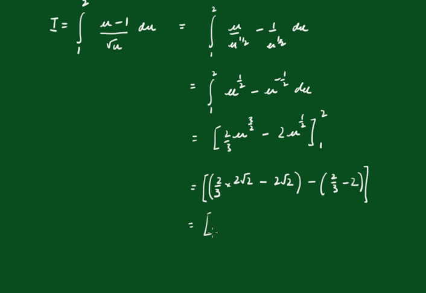So this becomes 4 root 2 on 3 minus 2 root 2, minus, and 2/3 minus 2 is going to be minus 4/3, because this remember is 6 on 3.